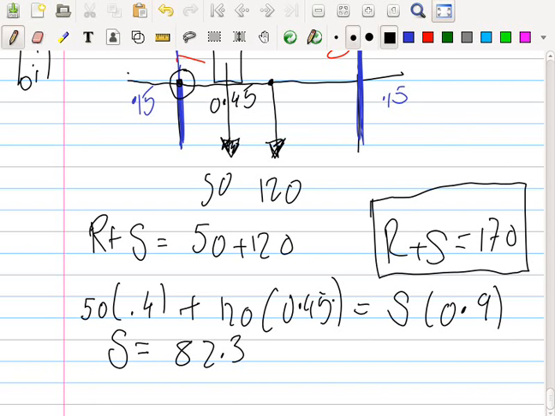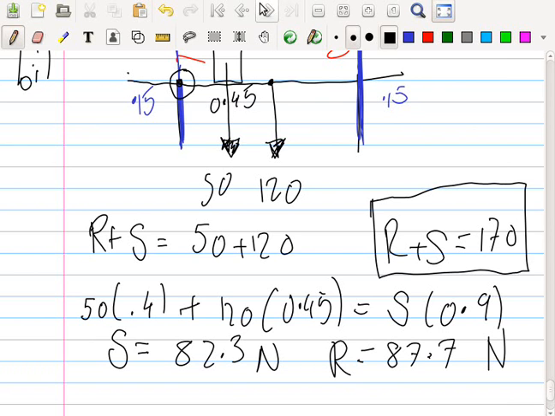And then if I substitute that in here, I get R equals 170 minus 82.3, which is 87.7. That is the reaction force at A and the reaction at B.